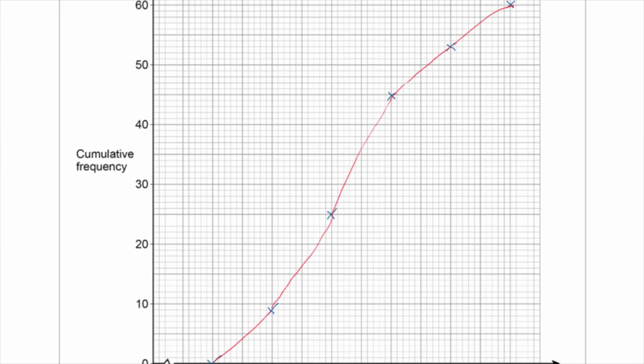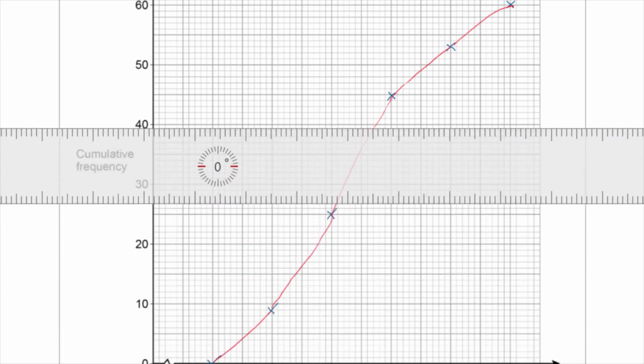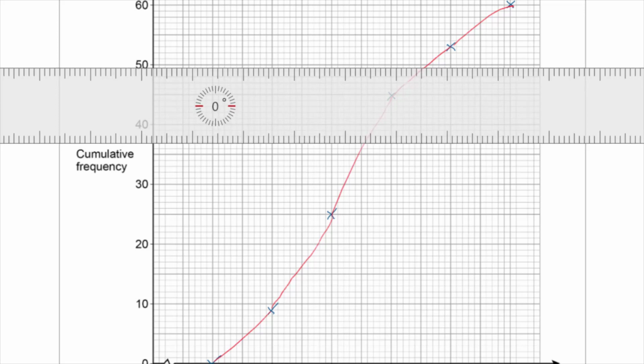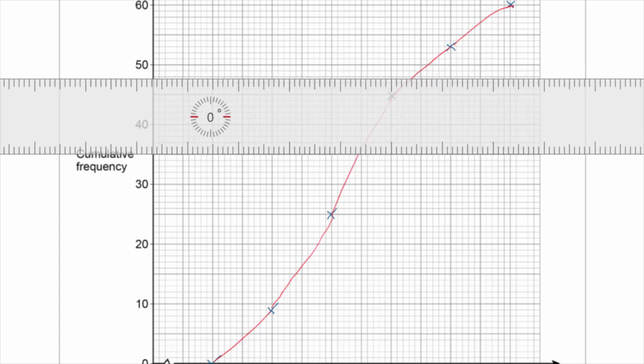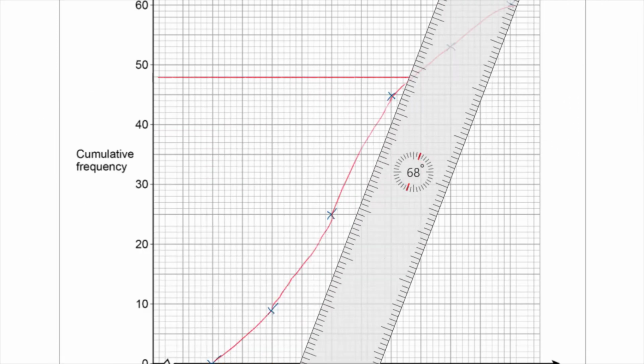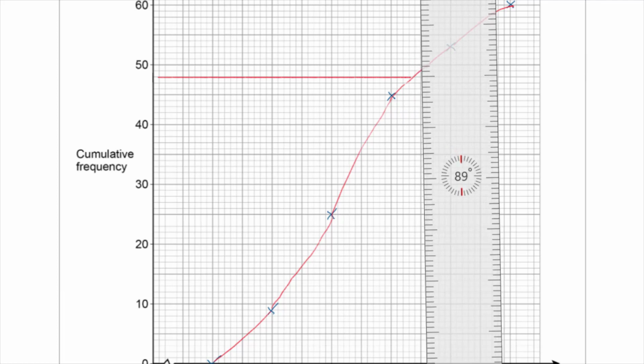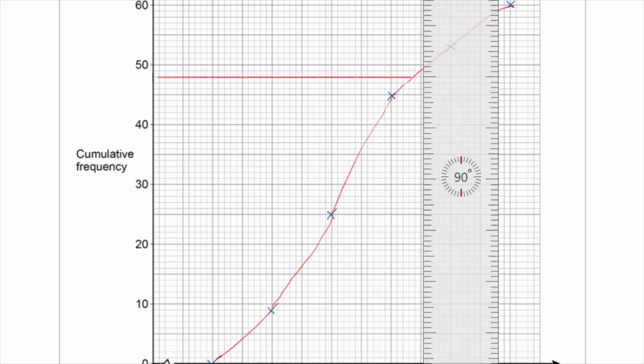So cumulative frequency of 48. Let's get the ruler out. I'm going to read across from 48 till I get to my graph. When I get to my graph, I'm going to change direction and read down.